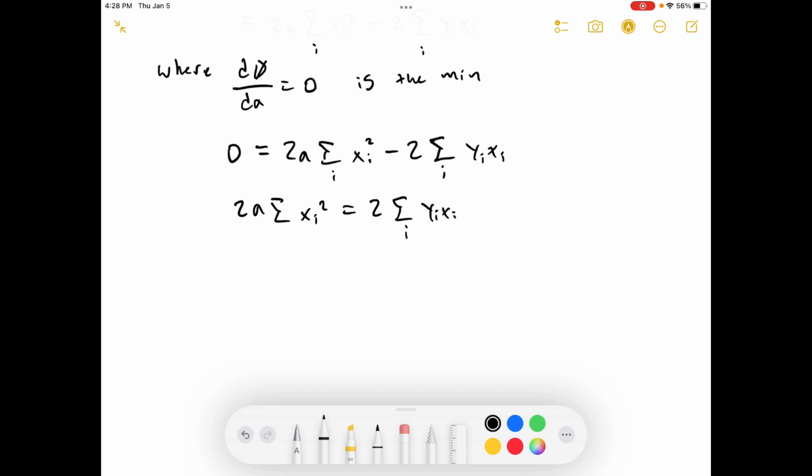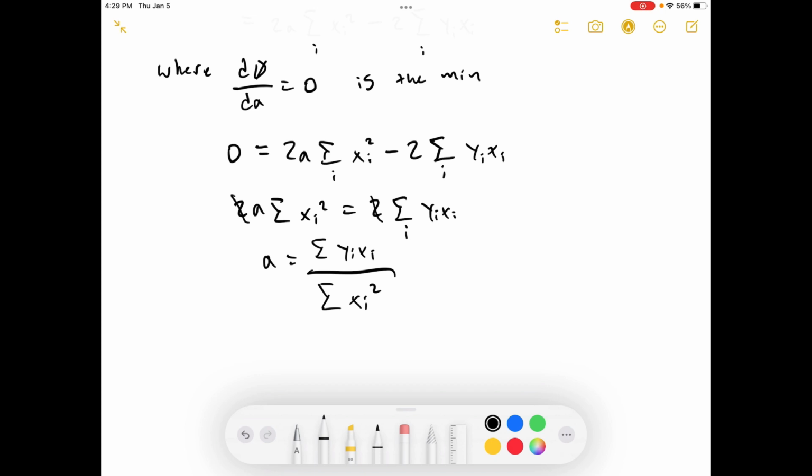Then the 2's cancel, and we say a equals the summation of yi xi divided by the summation of xi squared. And let's check what it says in Appendix A.1.